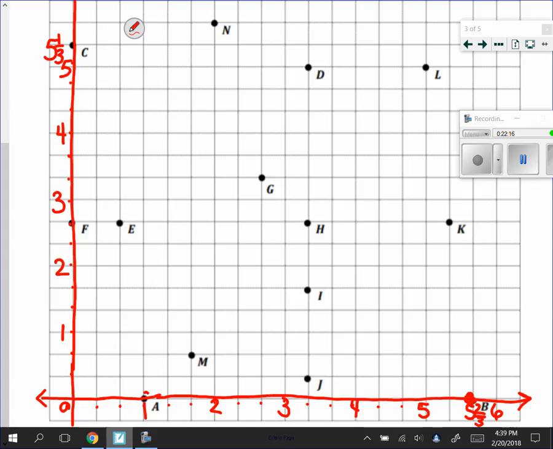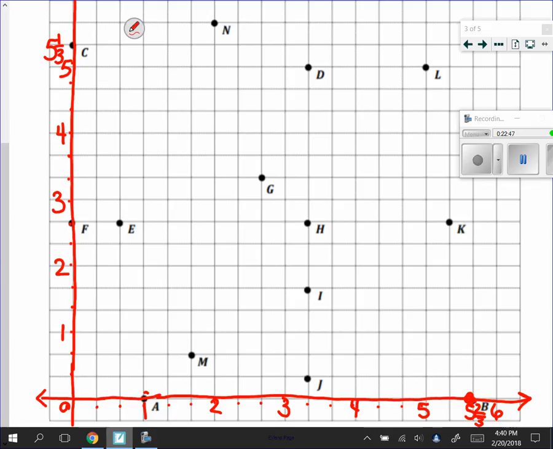So what it's going to ask you to do on the next page is use this coordinate sheet to answer the questions. You can work with your partner. Now, you need to actually be working, not playing, not walking around, not doing anything else, because you can't learn when you're playing.